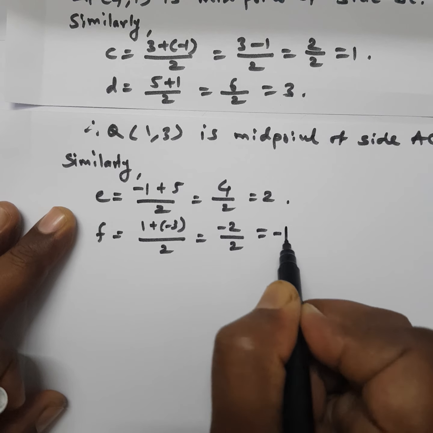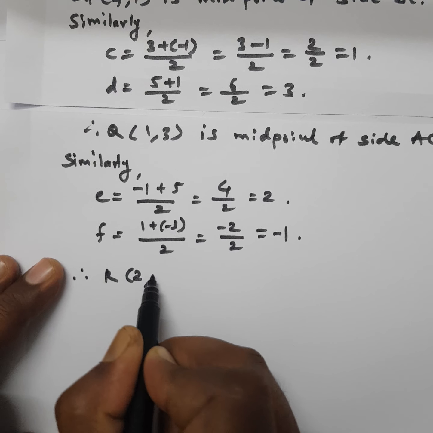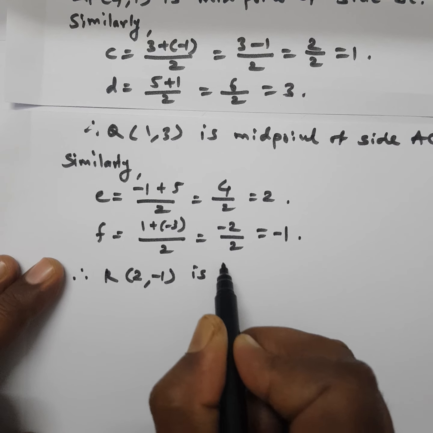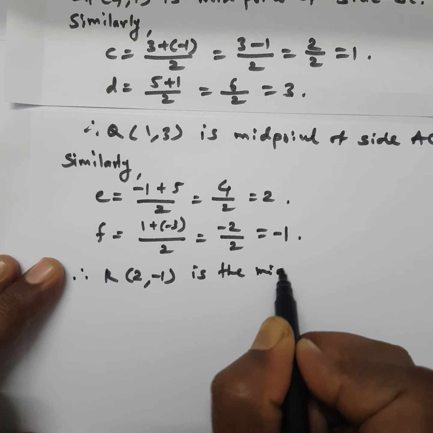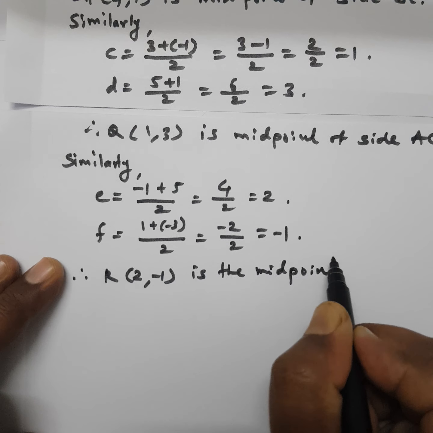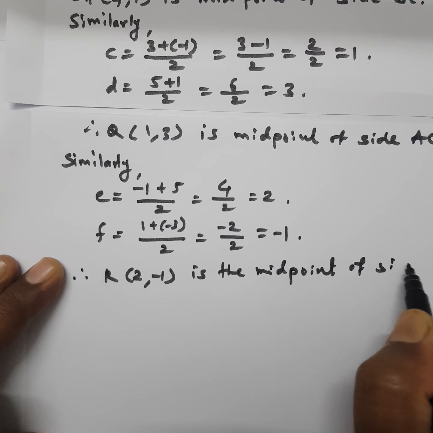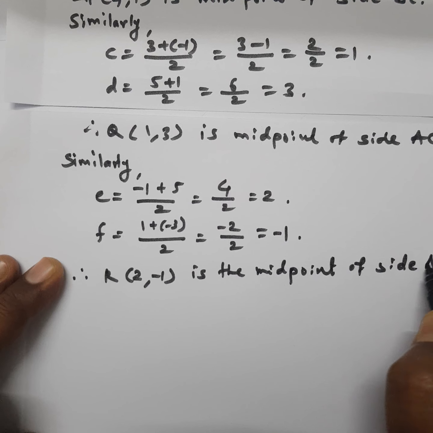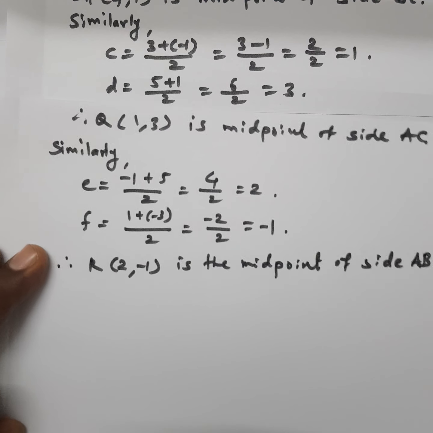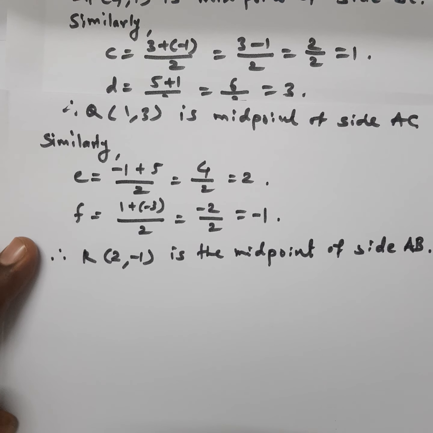Therefore, R(2, -1) is the midpoint of side AB. Now we have got all three midpoints.